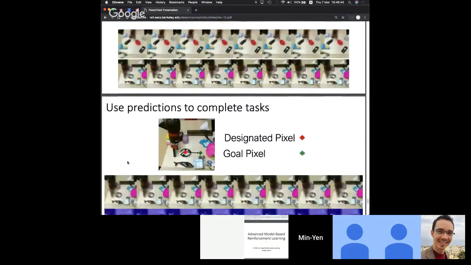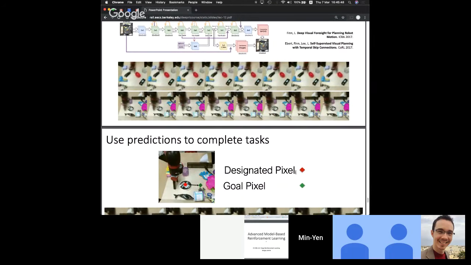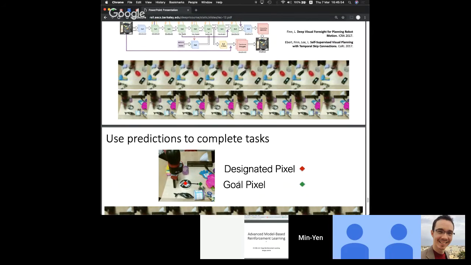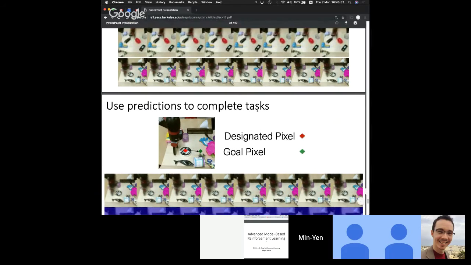Yeah, so as I said, they use some heuristics based on some designated pixels around the mean of the subject, and they try to predict, okay, if I basically need to move this point from here to here, then what are the possible frames?